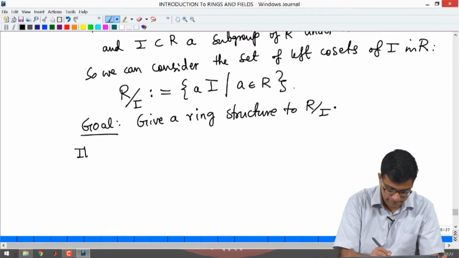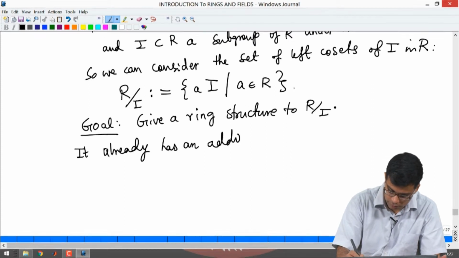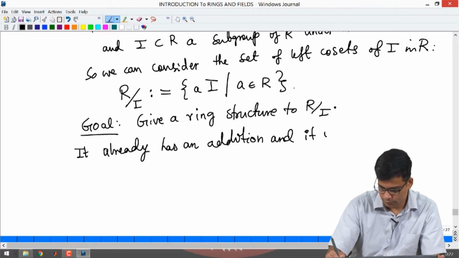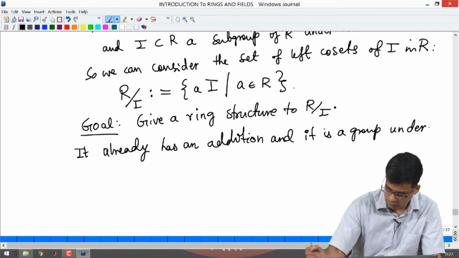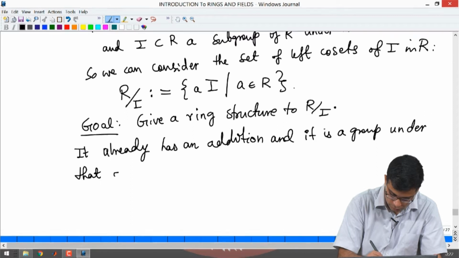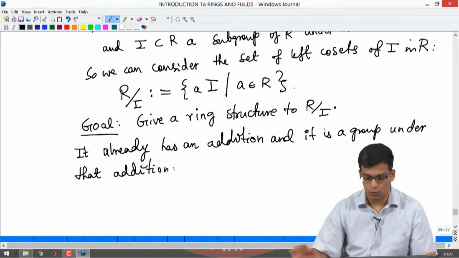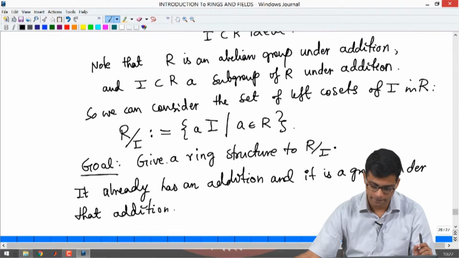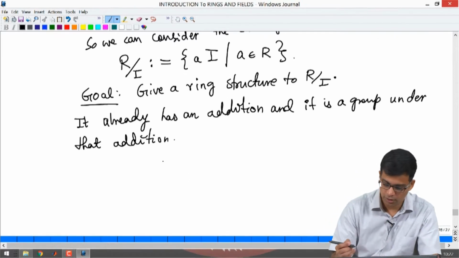It already has an addition, and it is a group under that. Till this point it is nothing new, this is exactly group theory. R is an abelian group under addition, I is a subgroup. So, R mod I, the set of left cosets, is a group.